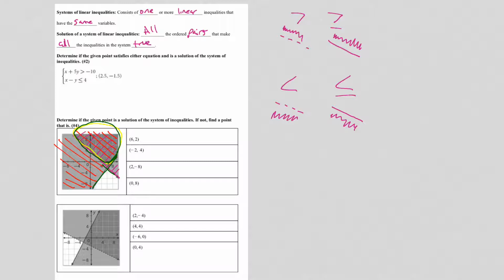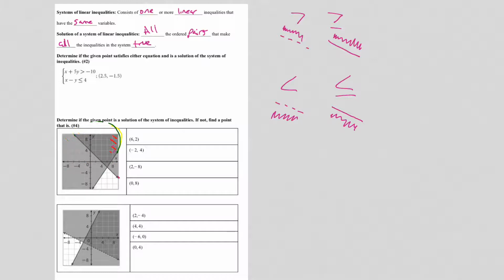So then we have to ask ourselves, if you can still see anymore with the colors, is the point 6, 2 part of the solution set? So I find 6, that's in here, 2, that's in here. So yes, let me erase this so you can now see.